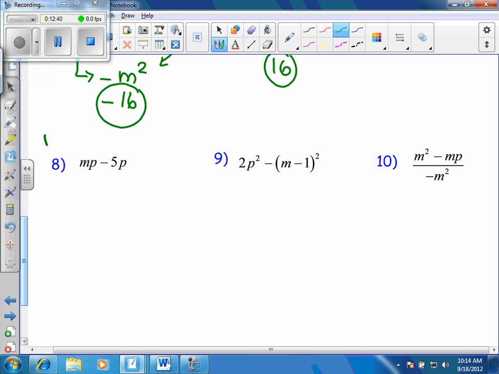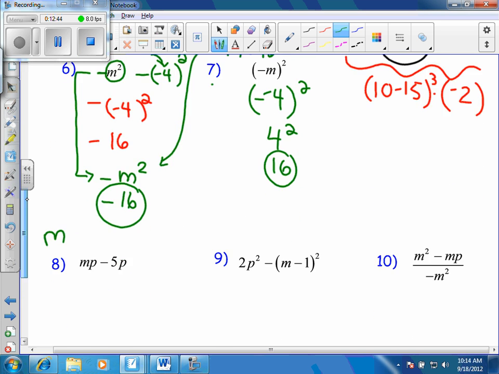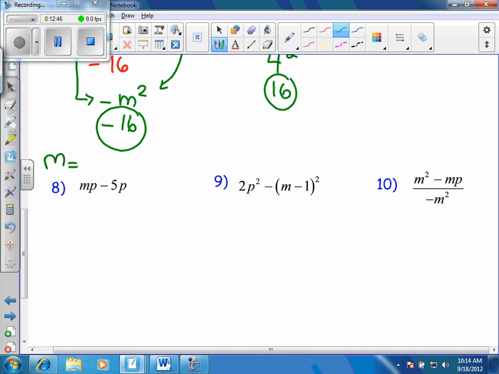Remember, let's rewrite what these values are. m is -4 and p is 2. So I don't have to keep scrolling back and forth. So I'm going to take mp, remember this is a multiply, so I'm going to do -4. You can put a dot if that helps you, times 2, subtract 5, times -4, times 2, you're right.